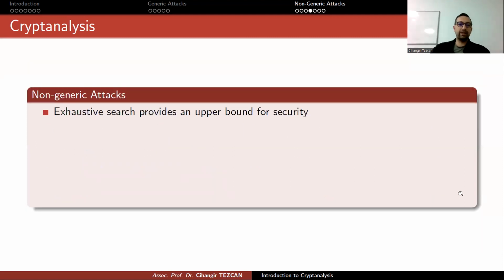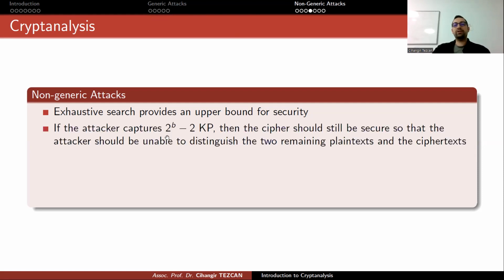Now, non-generic attacks. Exhaustive search provides an upper bound for security. You cannot have more than k-bit security for a k-bit block cipher. If the attacker captures 2^b minus 2 known plaintext and corresponding ciphertext pairs, so everything except 2 plaintexts, then the cipher should still be secure, so the attacker should be unable to distinguish the 2 remaining plaintext and ciphertext.